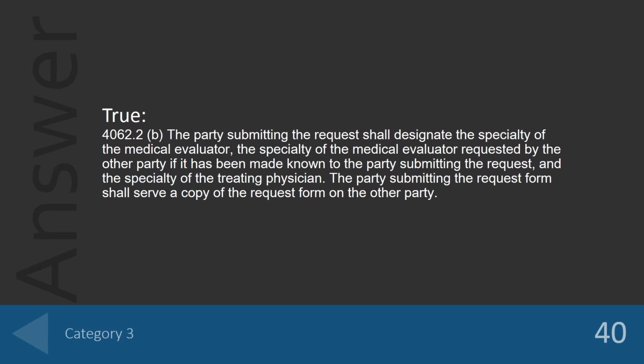And this is where disputes over the specialty of the medical evaluator arise. One of the things that the medical director looks at in resolving disputes over the specialty of the evaluator is the specialty of the primary treating physician.